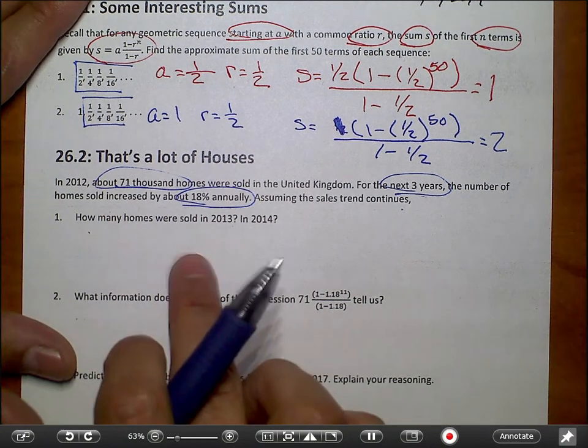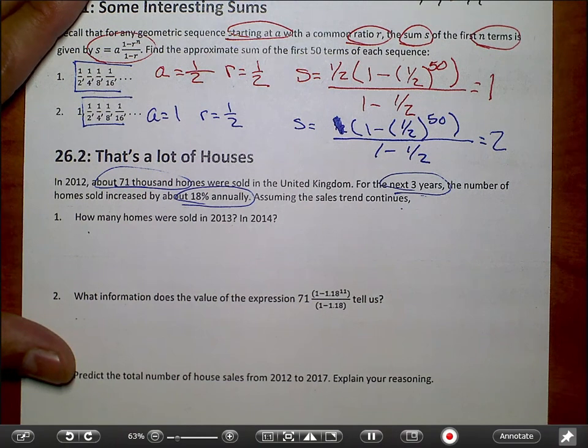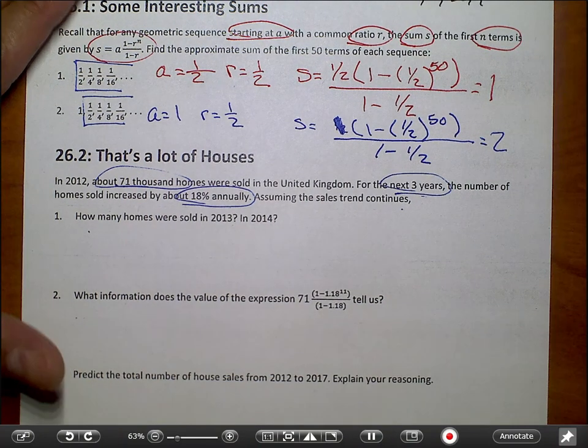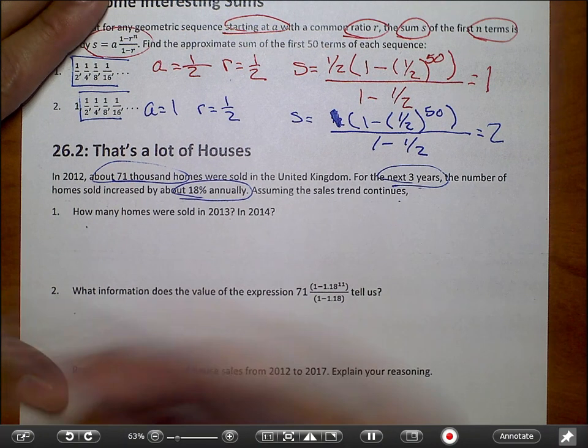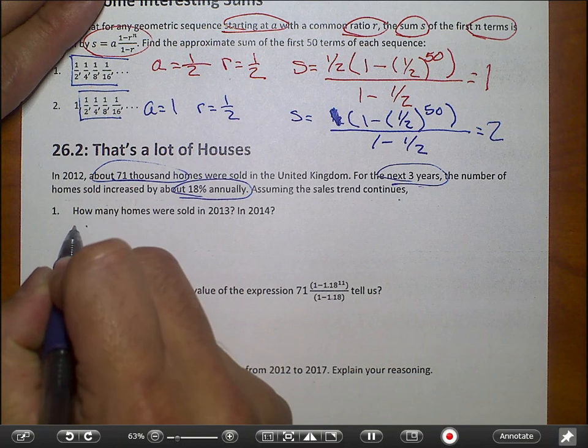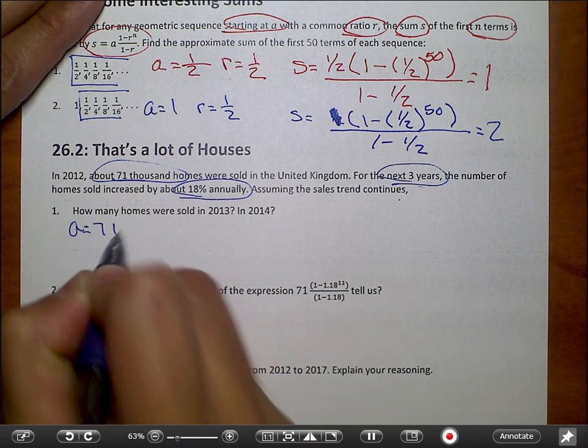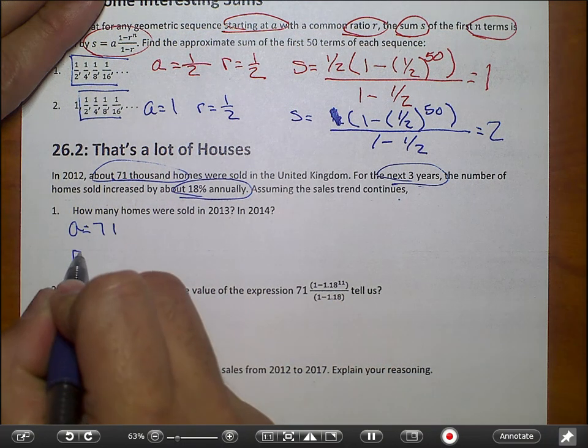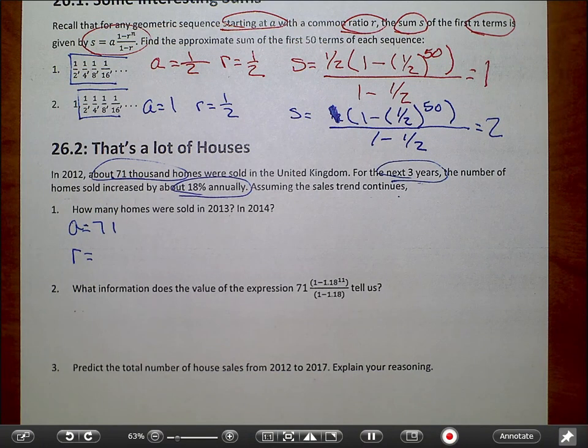What's my initial value? 71, but my units are thousands, right? So I'm just going to use the 71. So A is 71, and the R is 18%, which is 0.18, or as a fraction, 18 over 100.